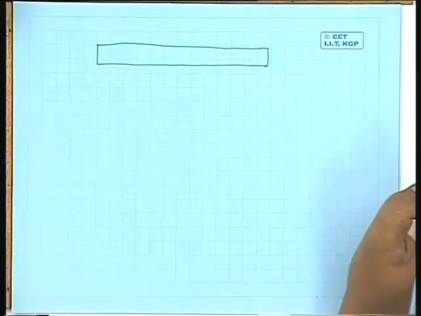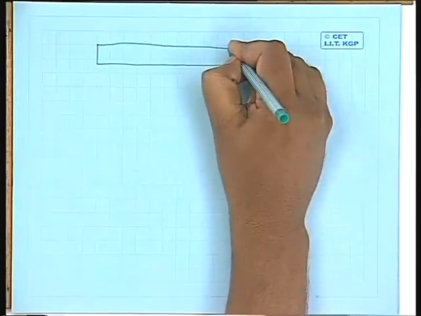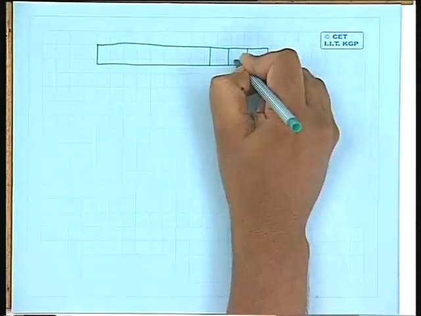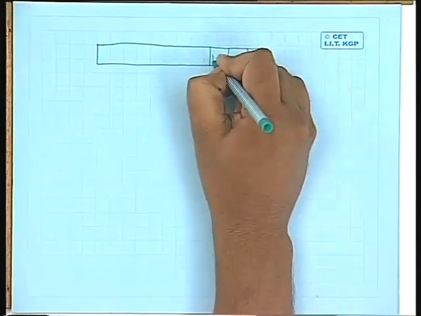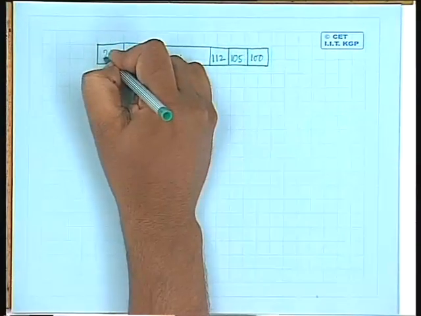Now let us assume that at a particular instant of time, I have several inodes which are still unallocated on the file system. The inodes may be, say, 100, 105, 112, like this, maybe up to inode number 200.